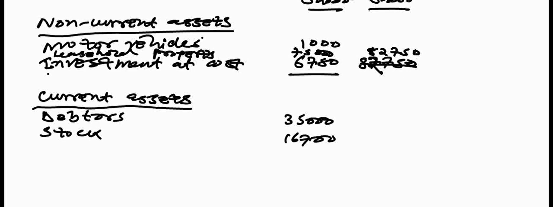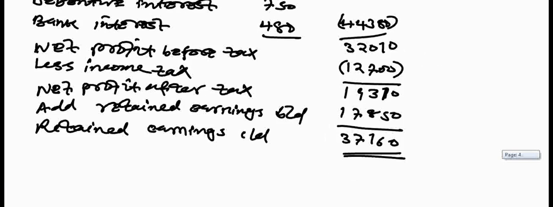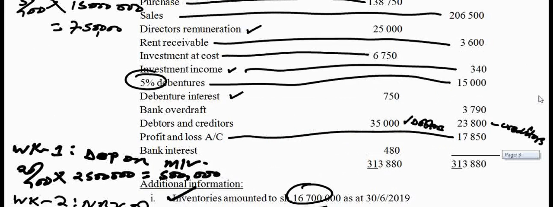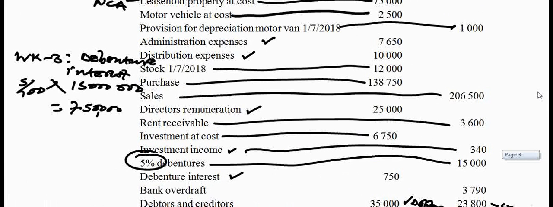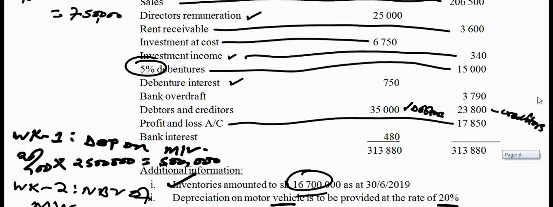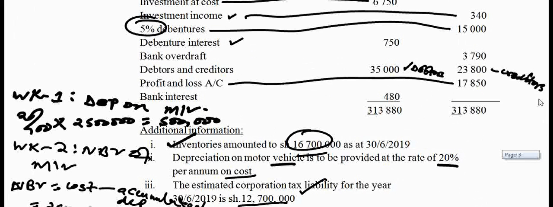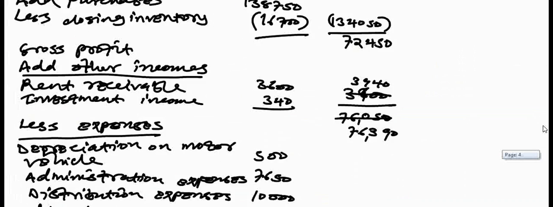Haya. There is no cash in hand. Any other current asset hakuna, because what we have ni bank overdraft, ni current liability. Okay, sawa. So zimesha. So tuongeze hizo.